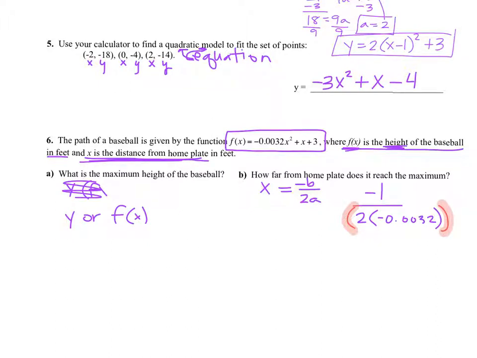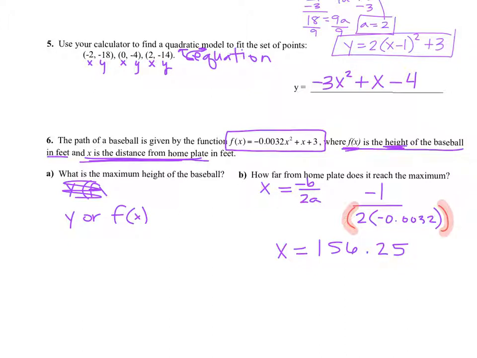Make sure you do those parentheses. So plug that into your calculator because nobody wants to do that by hand. Negative 1 divided by parentheses 2 times a negative 0.0032. And you get this number, x equals 156.25.